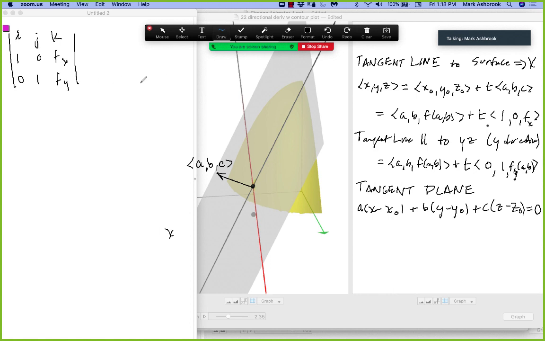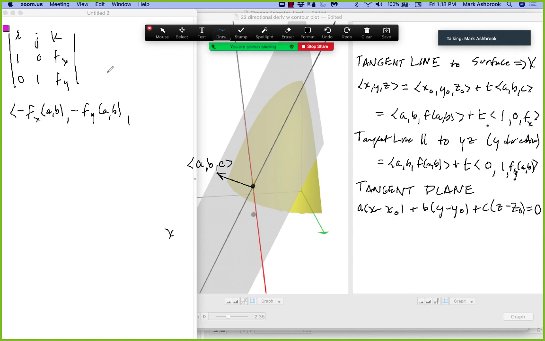Down to the right 3 times, down to the left 3 times, and add and subtract. So the i component will be down to the right 0, and then down to the left, negative fx. And then the j component down to the right is 0, down to the left is negative partial with respect to y.